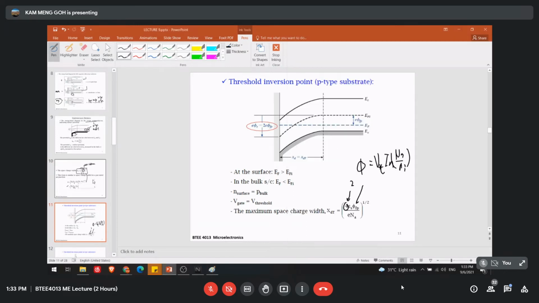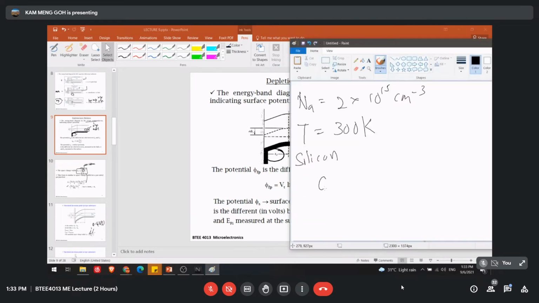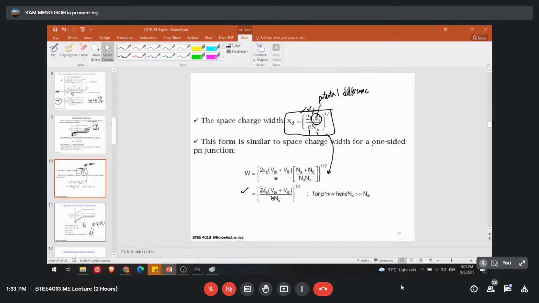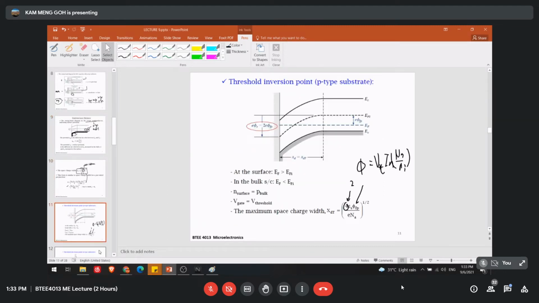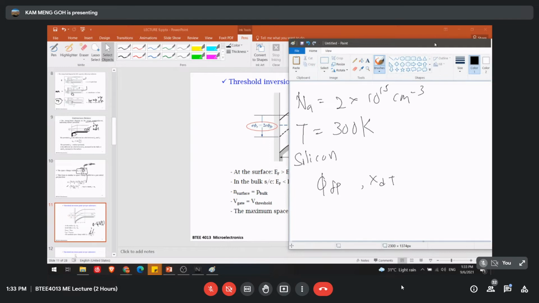At first, all you have to do is calculate the potential difference, phi FP. And the second thing is to calculate the SDT, the maximum space charge width. Okay, let's try this.